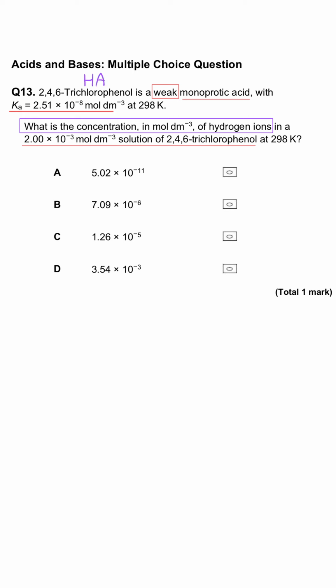to draw out the structure of this weak acid, we can just refer to it as HA. And it's an acid, which means it's going to dissociate into H plus ions and A minus ions. It's a weak acid, so that means that dissociation is only partial, so we use the reversible reaction symbol, and it's monoprotic, which means that when it dissociates, we just produce the one H plus ion per dissociation.